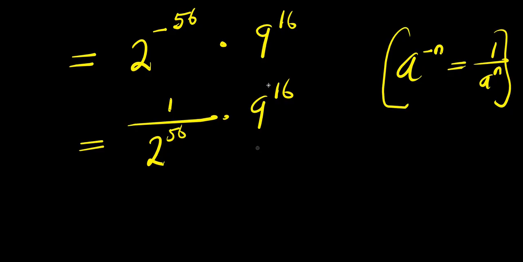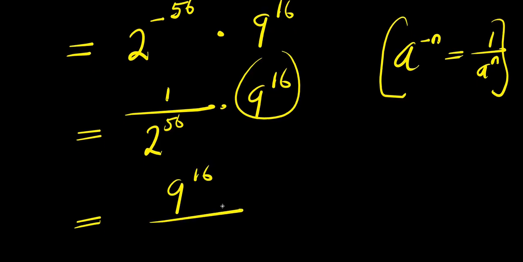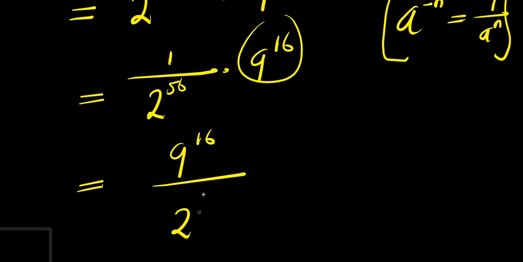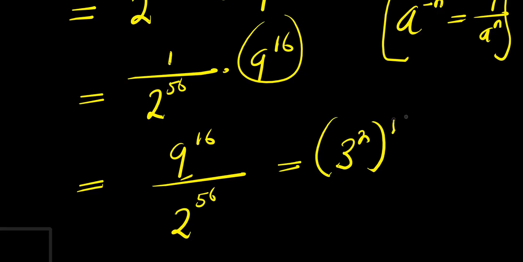From here, we multiply this by the 1, and we are going to have 9 power 16 divided by 2 power 56. We can simply express 9 as a perfect square, which is 3 power 2, and this is raised to the power of 16, divided by 2 power 56.